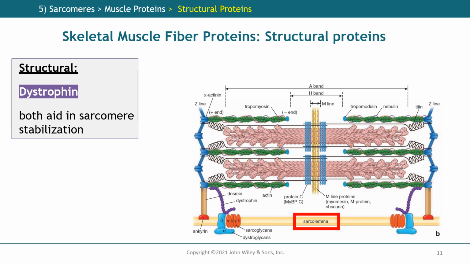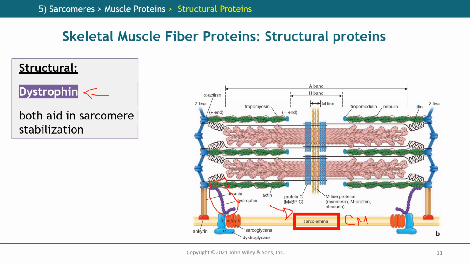Okay, so the last protein that we're going to talk about is dystrophin, and I'm sure that you remember that it's located here. It is the purple one, and it is attaching the actin, the thin filaments, to the sarcolemma. You can see it here, and if you remember, the sarcolemma is the cell membrane.